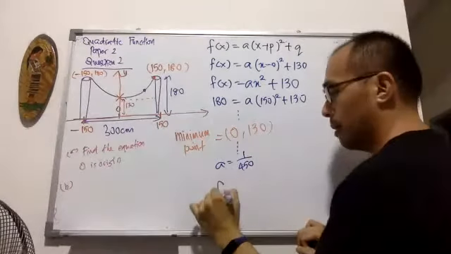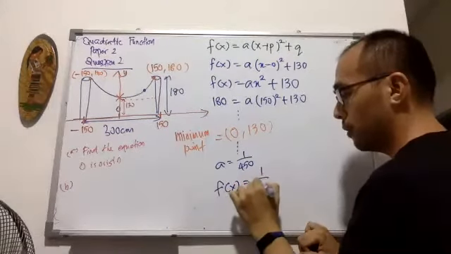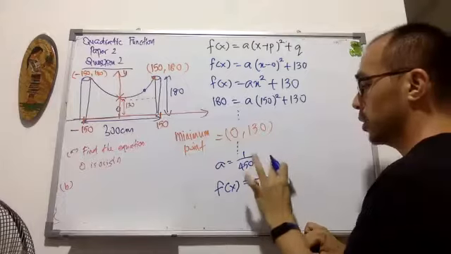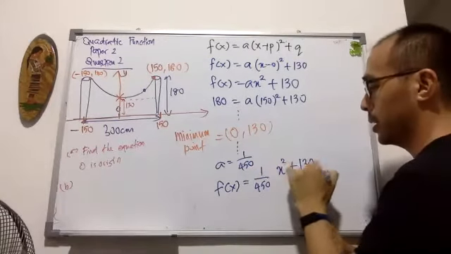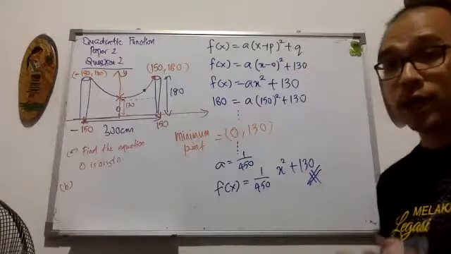Which means that my actual equation is f(x) = (1/450)x² + 130. This is the equation of the function, as shown here.